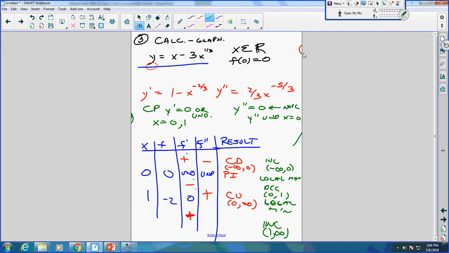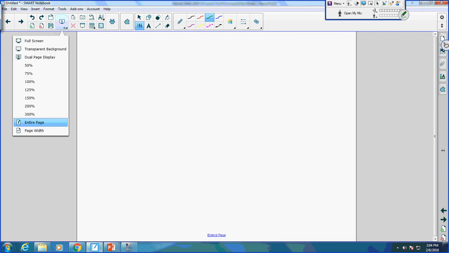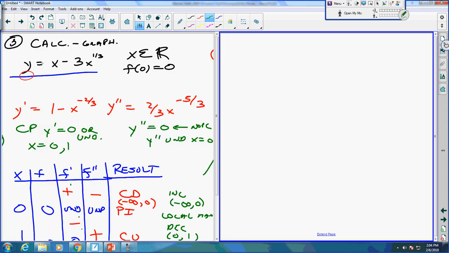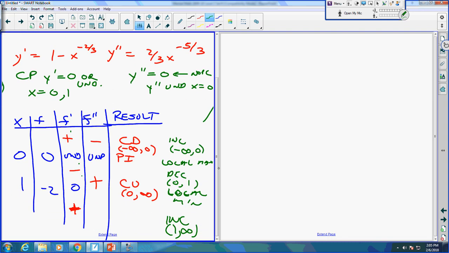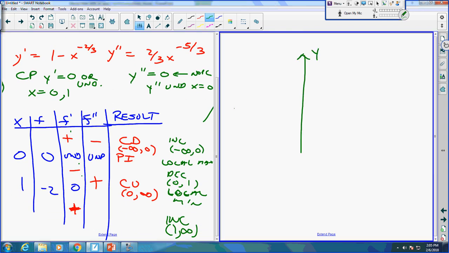So if I go add a page, go dual page, I get my table in view. It goes through 0, 0. It goes through 1, negative 2. It is concave down and increasing until 0.